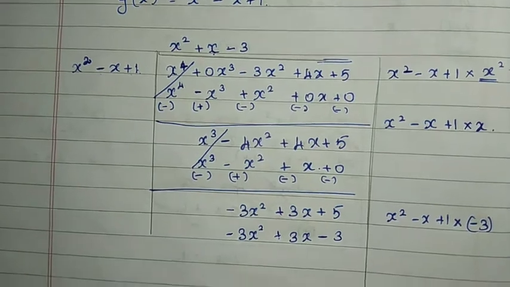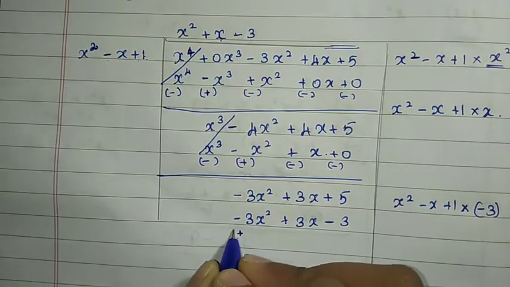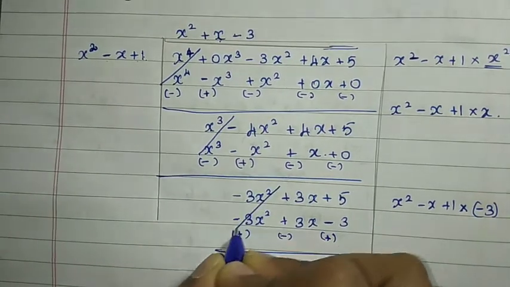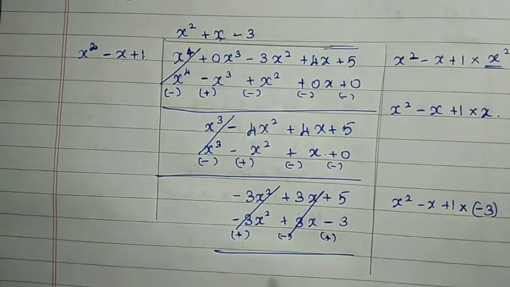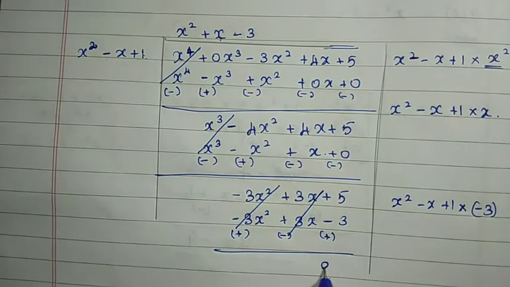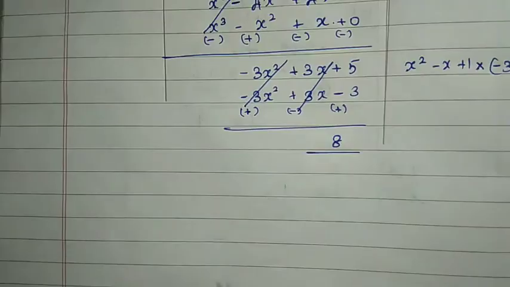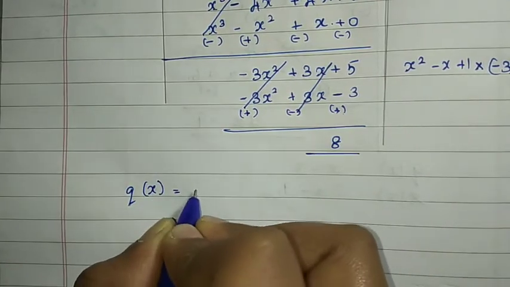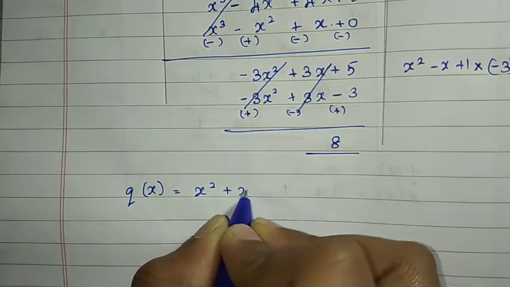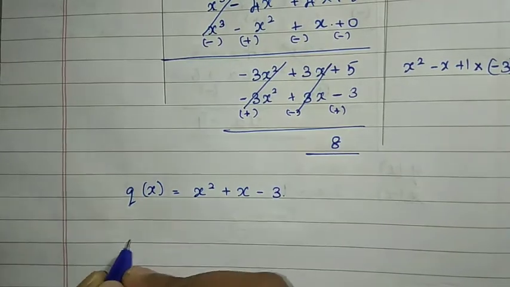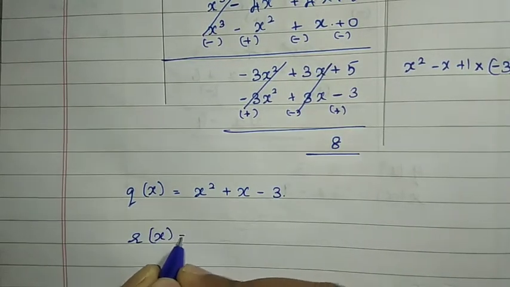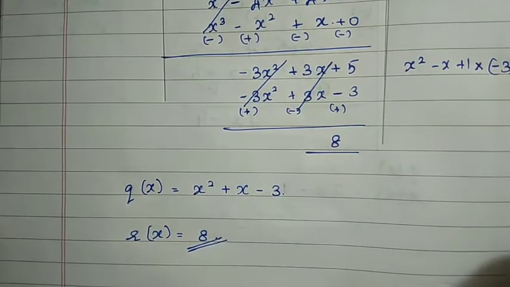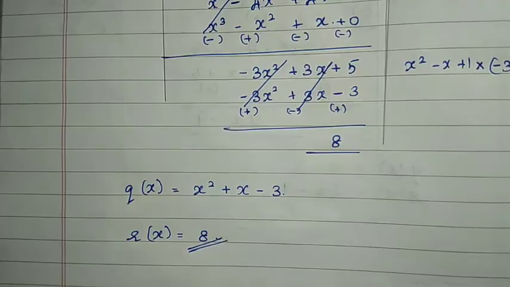Now I will be changing the sign. So plus minus plus, so this will get cancelled. Even this term will get cancelled, and the remainder will be 8. So now what is my q of x? Q of x is equal to x square plus x minus 3 and my r of x is equal to 8. These are the required polynomials.